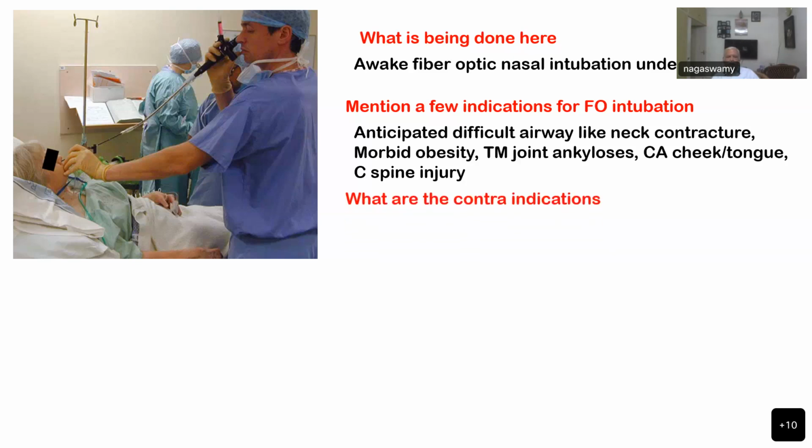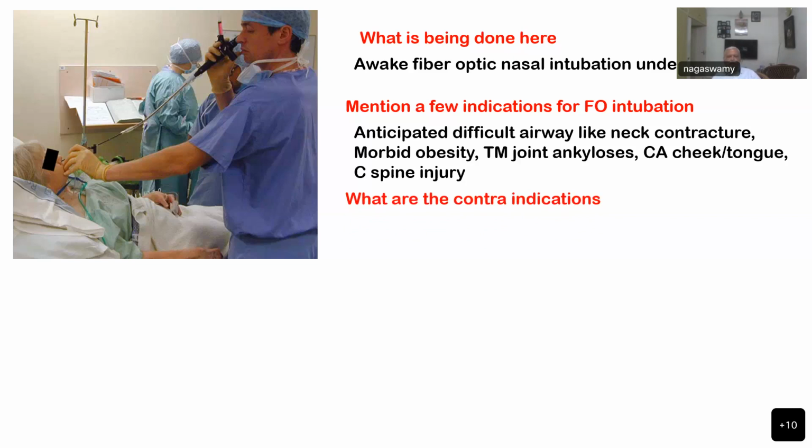What are the contraindications for doing fiber optic intubation? Last class itself, I told you, you have only 4 minutes for each question. So the subdivisions plus uncooperative patient, very good.